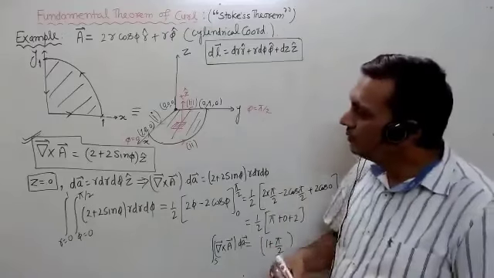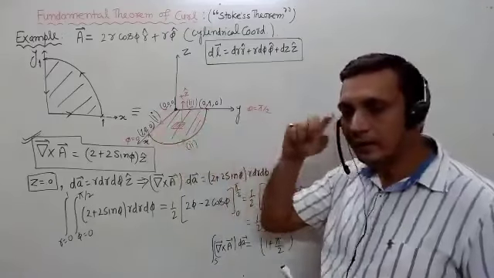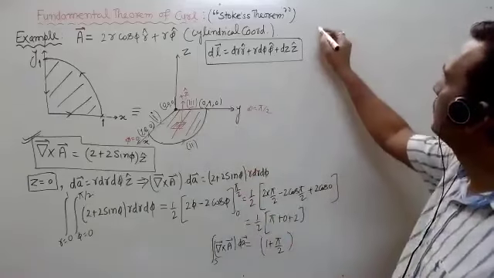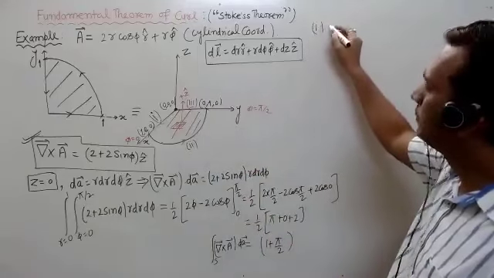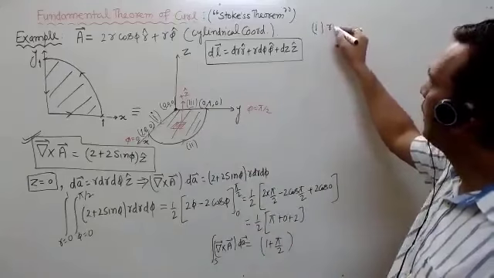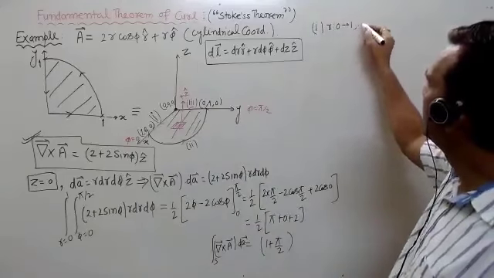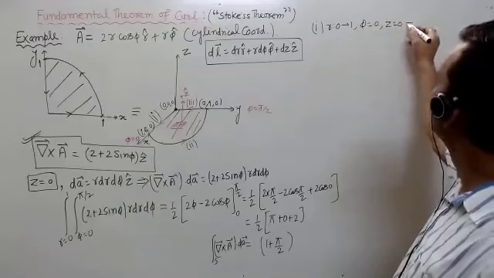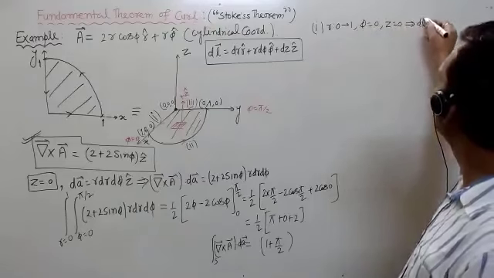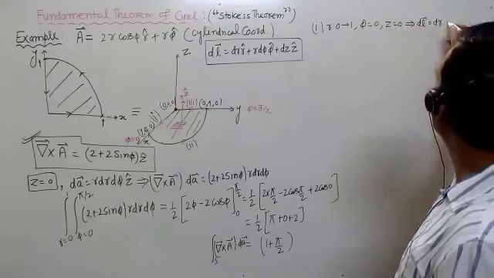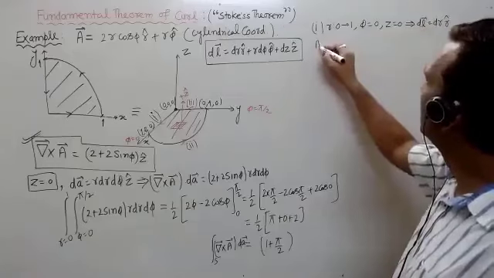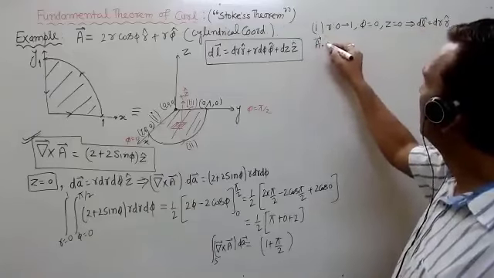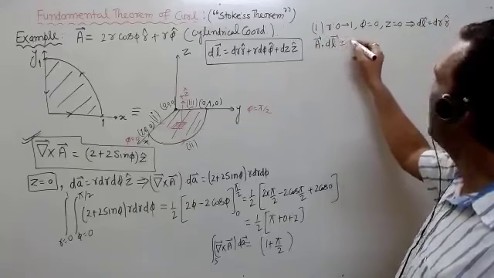Again, this is surrounded by 3 segments. Segment 1: r varies from 0 to 1, phi is 0, z is also 0. So dl is dr r cap. What will be A dot dl?